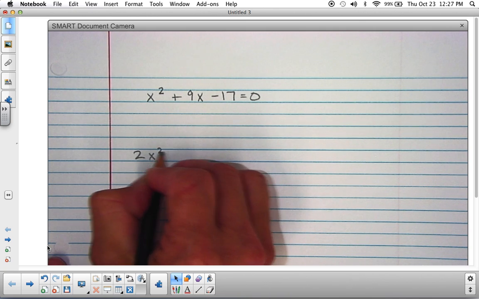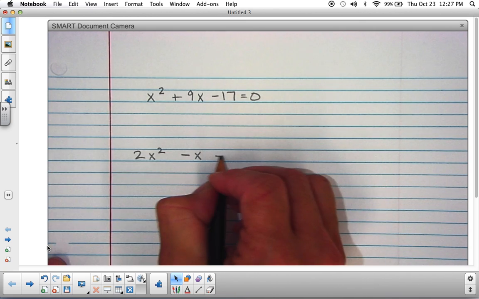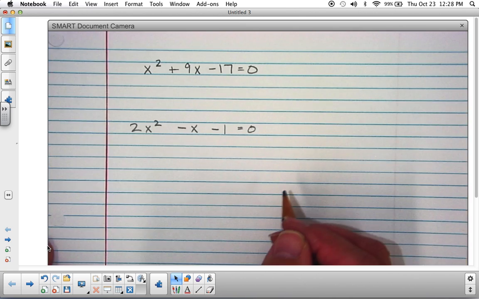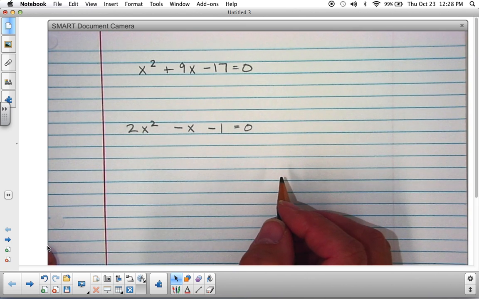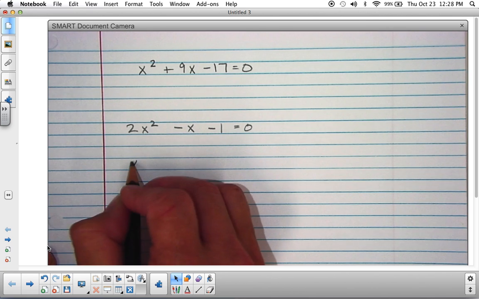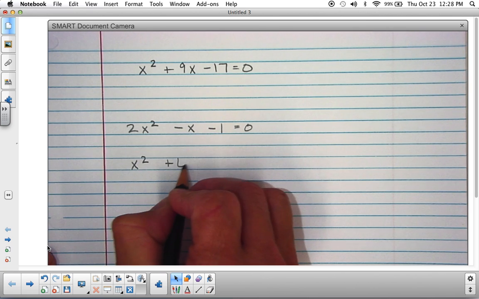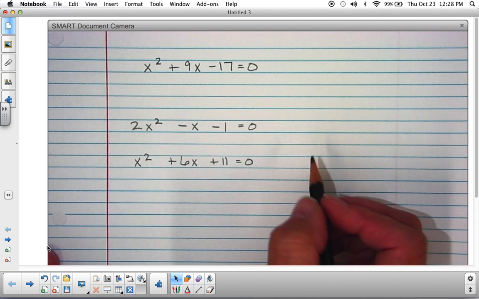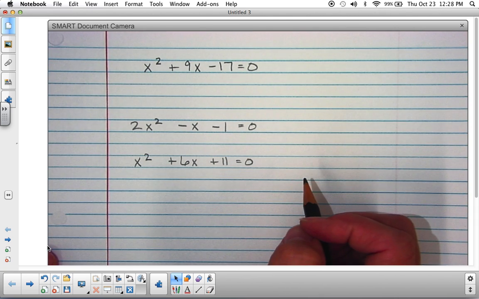A 2x squared minus x minus 1. X squared plus 6x plus 11. Any of those would be good examples to try.